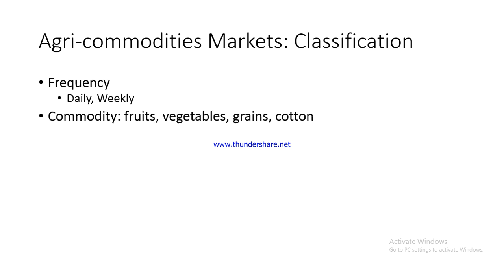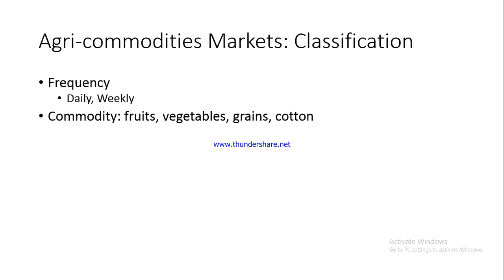Then we have got the second basis, which is basically according to the commodity which are primarily sold and bought in these markets. So if a commodity market is primarily known for exchange of fruits and vegetables, then accordingly they will be called the fruit market or the vegetable market.